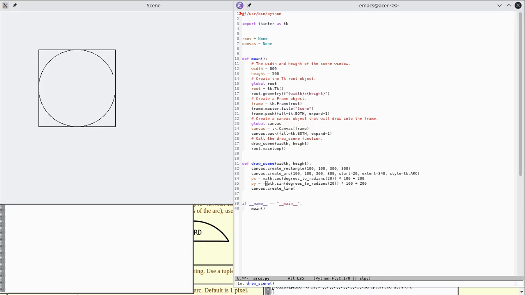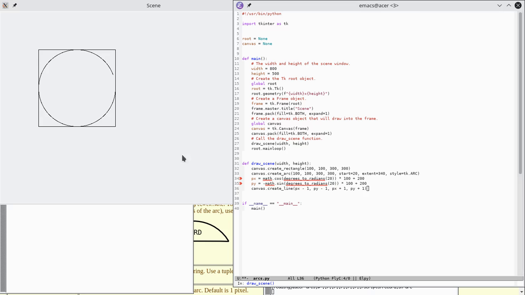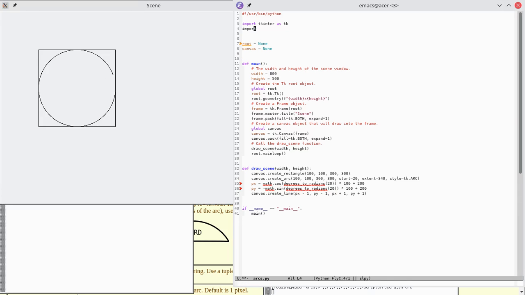So now I can say create line px minus 1, py minus 1, px plus 1, py plus 1. And that would give us a line that intersects the end of that arc. Except I need to import math.